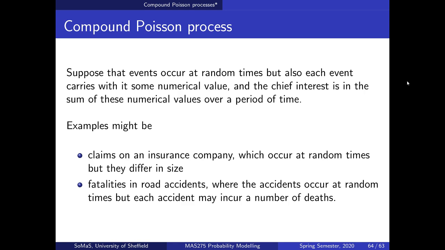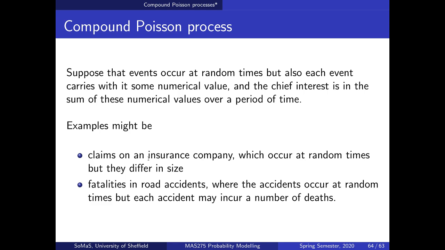Sometimes the Poisson process is nice, but we want to increase its modeling power in a different way, which is by giving a numerical value to your events. For example, I'm an insurance company, and I'm interested not only in knowing when insurance claims happen, but I want to know what the size of my insurance claim is.